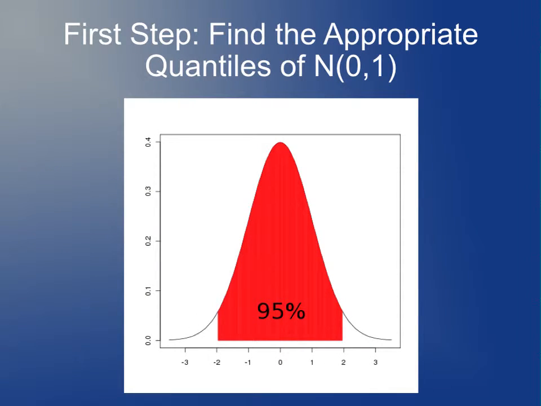So the first step in doing this is to find the appropriate quantiles of a normal 0-1 distribution. This graph shows the density of a normal 0-1 distribution. As we've discussed before, you want to find a lower quantile and upper quantile such that 95% of the data is between the upper and lower quantile.